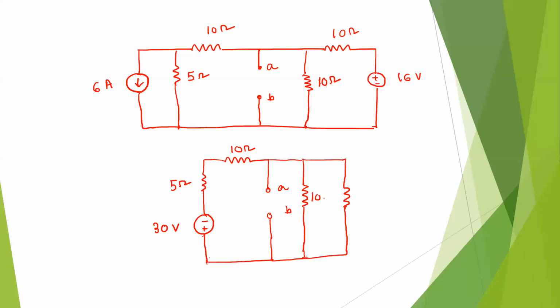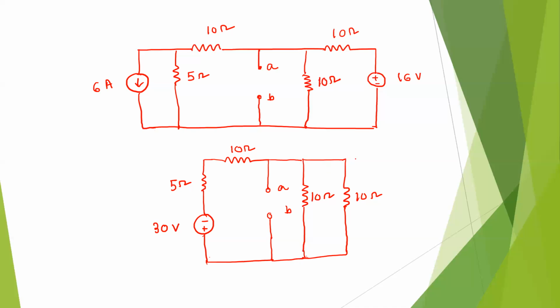This one is 10 ohm. This one also 10 ohm. And what we can do, this resistance and this voltage source are in series. So we can convert it by source transformation.